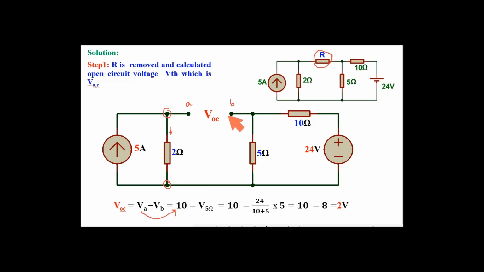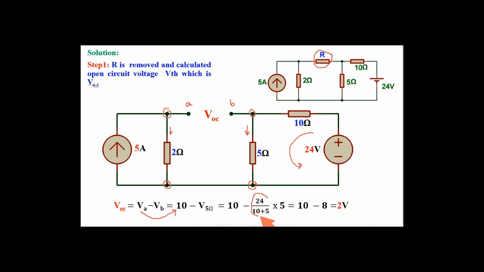What is VB? Similarly, VB is the potential at this point with respect to this point, so it is the current flowing through this 5 ohm resistance times 5. What is the current through this 5 ohm resistance? Current will flow because of this 24 volt, in this direction. So the current is 24 volt divided by the full path resistance, 10 plus 5.